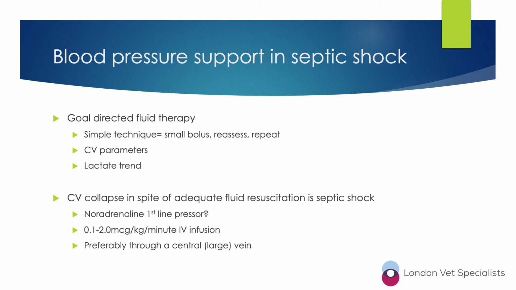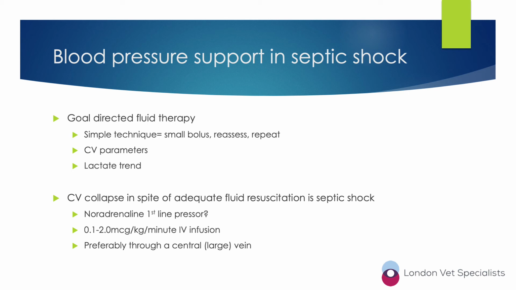We want to try and normalize the heart rate and aim for a low normal blood pressure. It's unlikely that with fluid therapy alone you'll have better than a lowish normal blood pressure. Also keep an eye on the lactate, as hopefully we will decrease that as we improve the peripheral circulation.